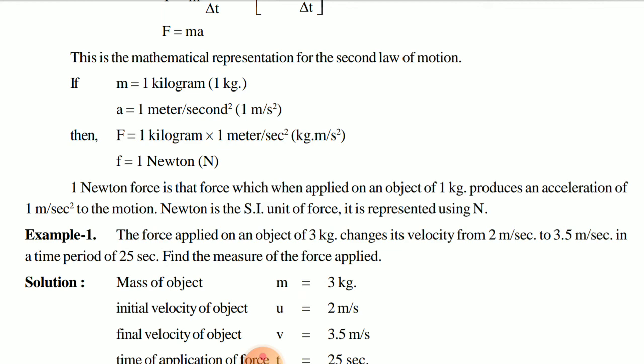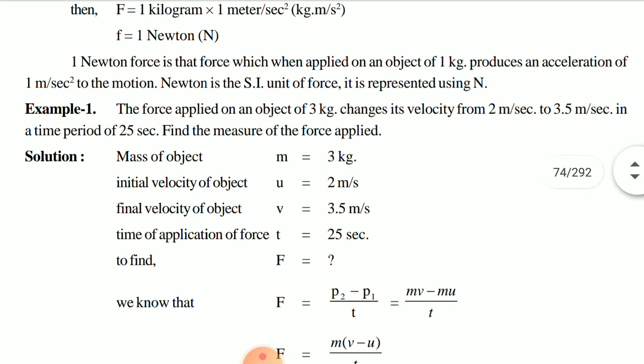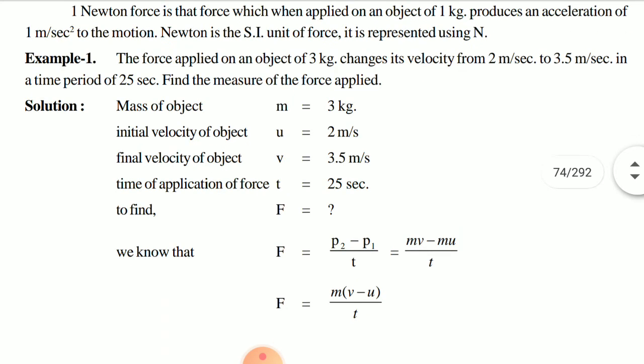Then see, children, here one question is given. The force applied on an object of 3 kg changes its velocity from 2 meter per second to 3.5 meter per second, that is final velocity minus initial velocity, in a constant time period of 25 seconds. Here P2 and P1 are not given. Only initial velocity, final velocity, time and mass are given.